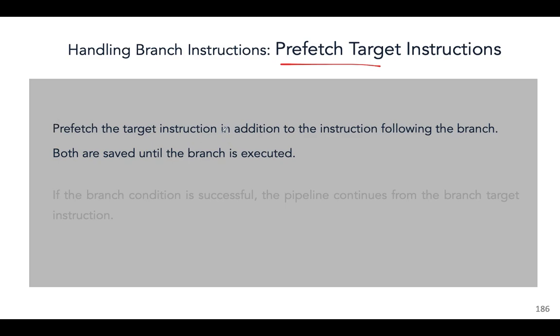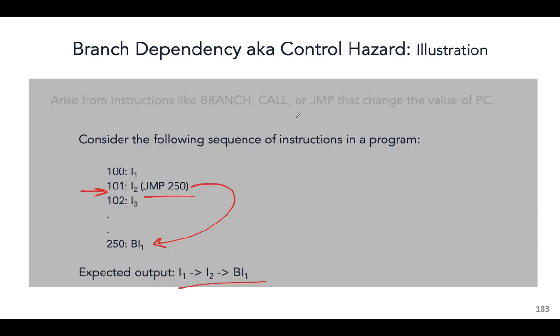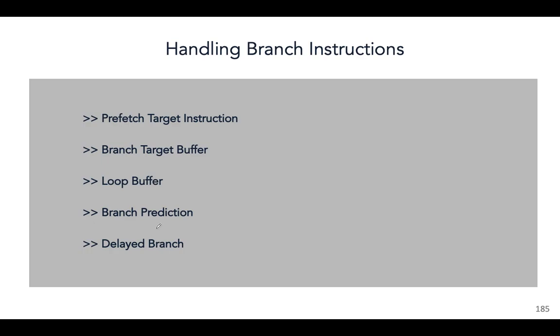the target instruction is prefetched in addition to the instruction following the branch. That means if we take an example of this one, suppose this was a branch instruction. So I2 is fetched, then I3 is fetched, and BI1 is also fetched. That is what prefetch means, right? So you fetch the instruction which is the next instruction following the branch, plus you fetch the instruction that the branch instruction actually wants you to fetch.